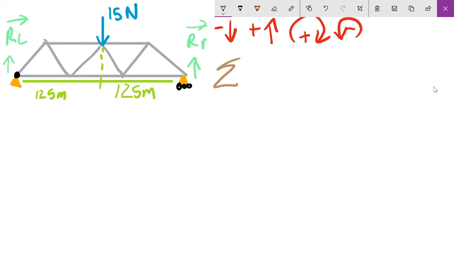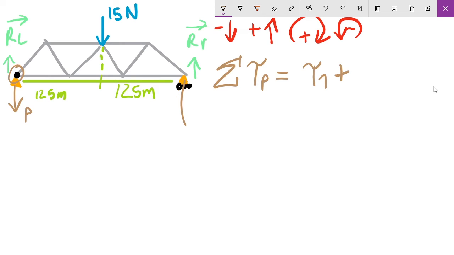The sum of torque at this point, let's say it's point P, equals torque 1, a force coming down like that, plus torque 2, which is a force coming up like that.